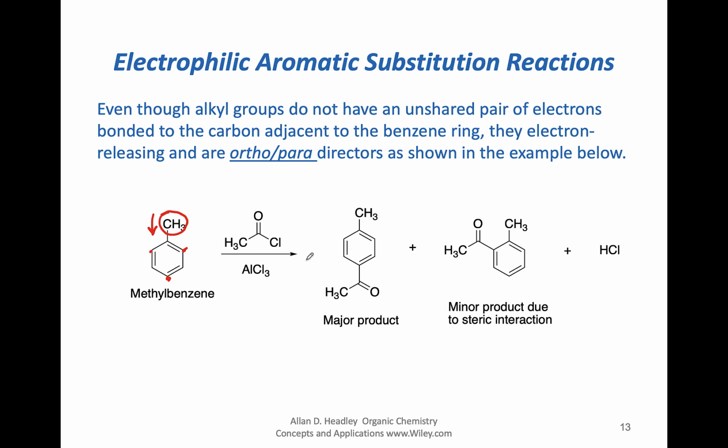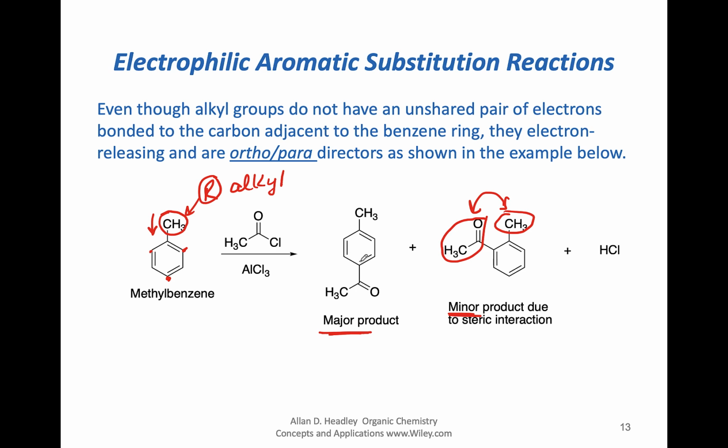So we would expect, again, if there's an alkyl group here, R, where methyl is an example, this will be the major product, and this is the minor product, again due to steric interaction between these two groups here.